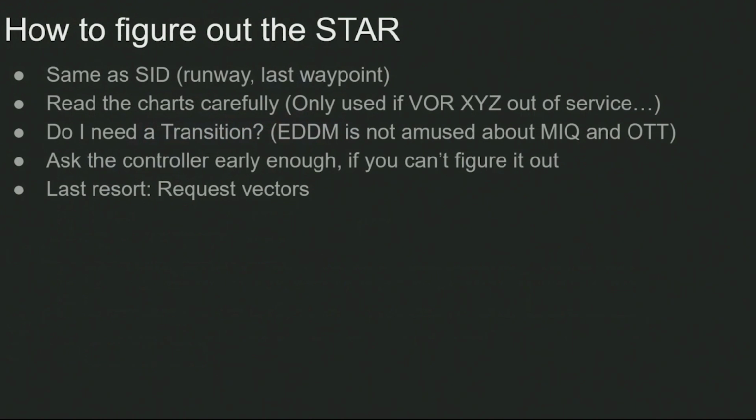If you have the experience, if you've been to the airport before, you know exactly which transition you would probably get. But still, you always make sure you get the transition clearance before you continue past these clearance limit points.